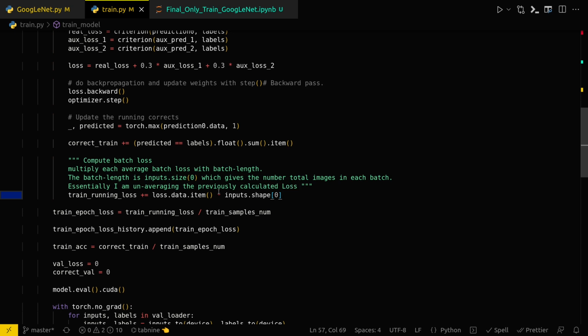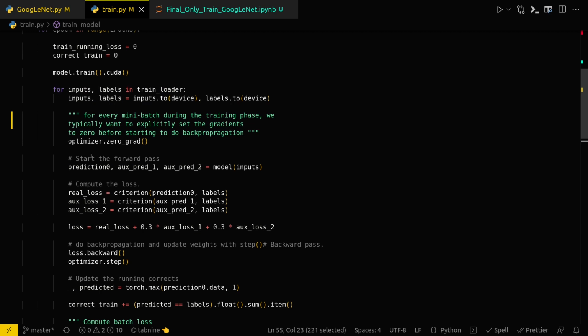That will give me the unaveraged loss, and I'm accumulating it over each batch. Remember, I am doing a plus equal to, so it is accumulating these numbers while I am going through batch by batch. Alright, so with this line, the inner loop gets over.